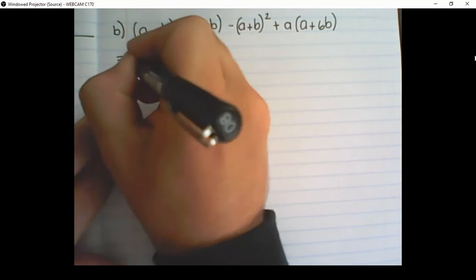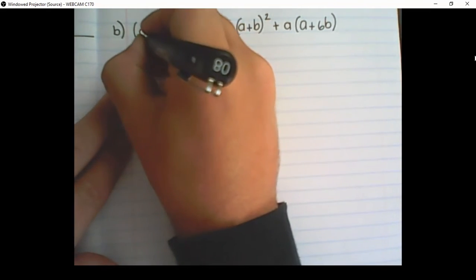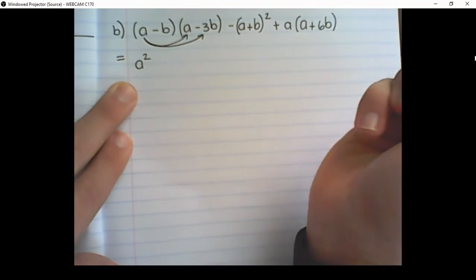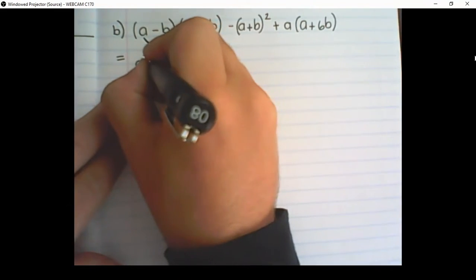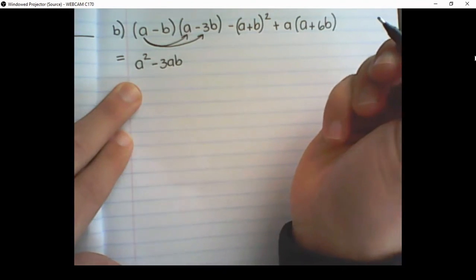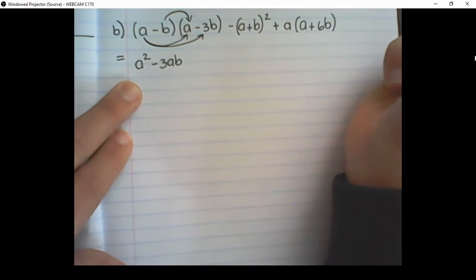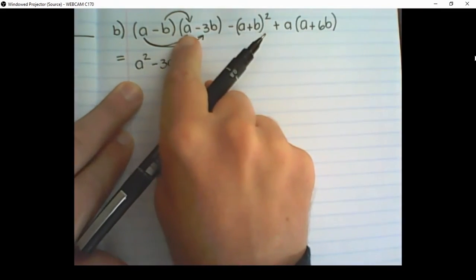So I have a times a, which is a square, a times negative 3b, which becomes negative 3ab. Then I multiply negative b with a, so that becomes negative ab.